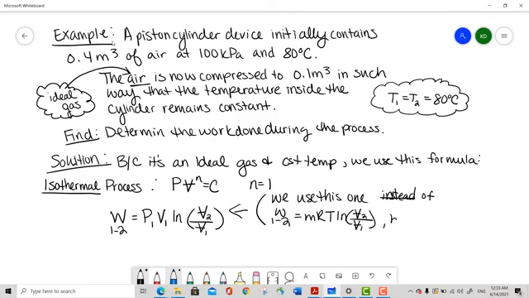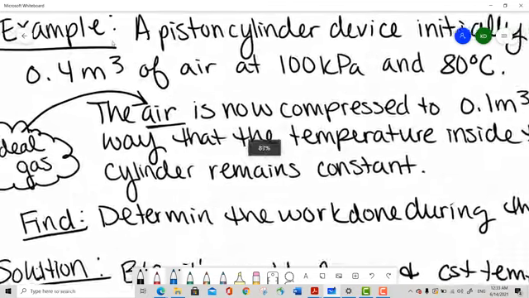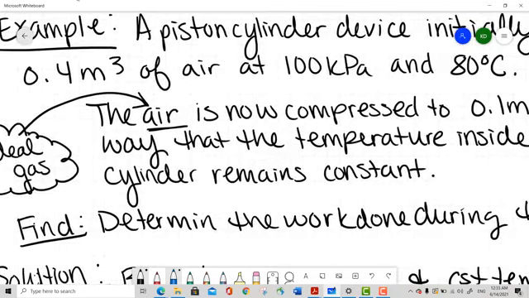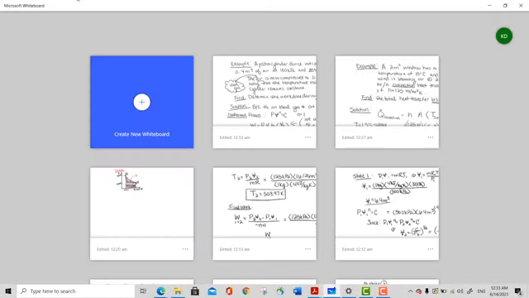Why? Because we weren't given mass, right? So we're using the one that we can solve. We weren't given mass, so we can't solve it. And if you did start off trying to use this one first, you wouldn't be able to solve it, or it would take a copious amount of time because you're out trying to find data when there's one that can get you there a lot quicker.